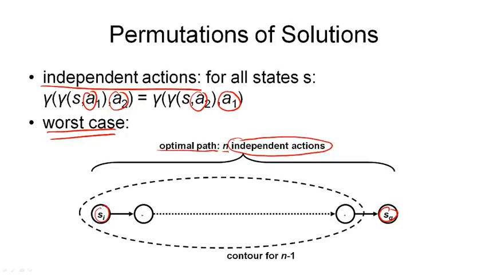Now, remember what I said earlier about contours, namely that A star, if the optimal solution length is n in this example, will need to generate all the nodes within a smaller contour. So if the f value is n minus 1, then this is the contour that A star will generate, with the f value being equal to n minus 1.